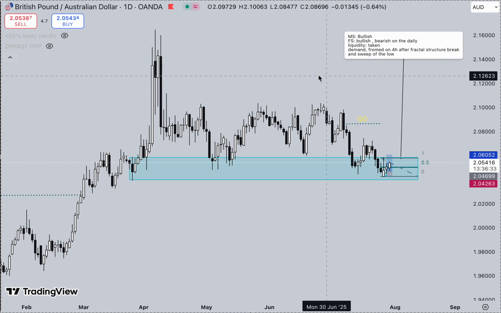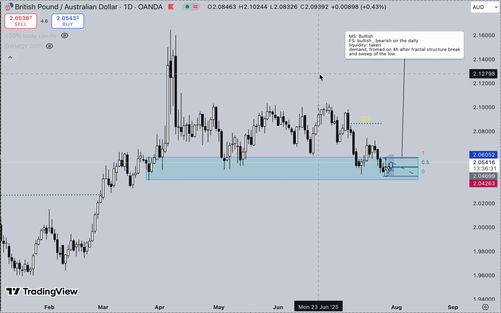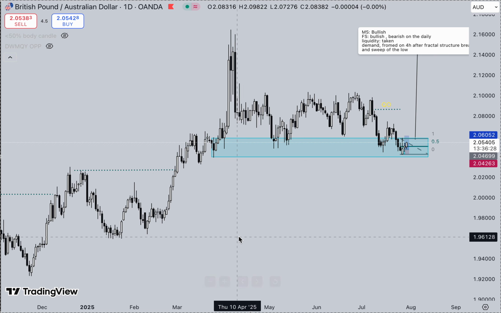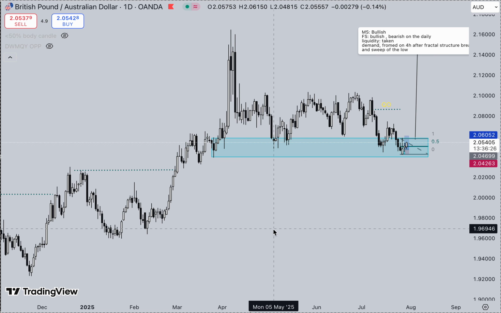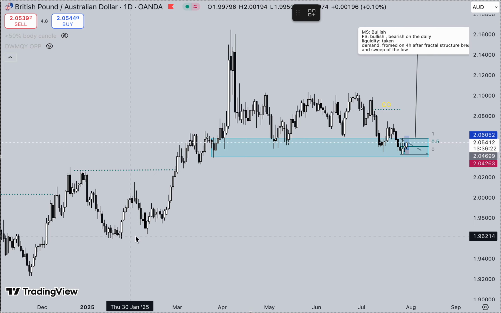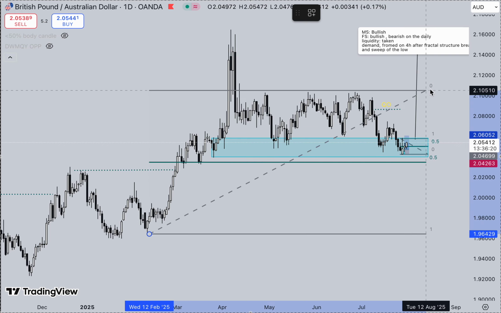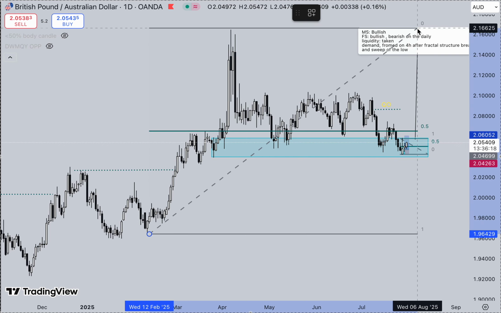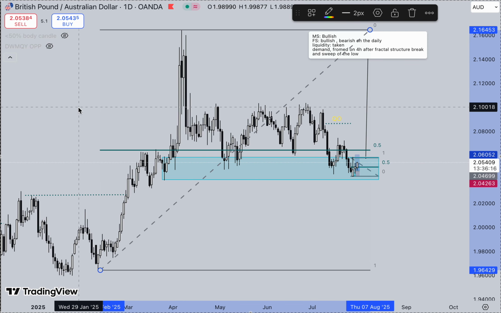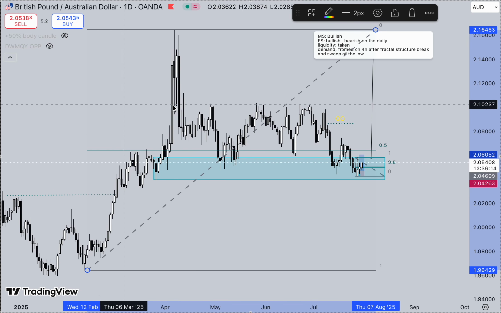Okay, so first of all, as you can see with GBP AUD, this was our swing low and our swing high. If we take this from the swing low to the swing high, remember we always want to buy when it's at discounted prices.